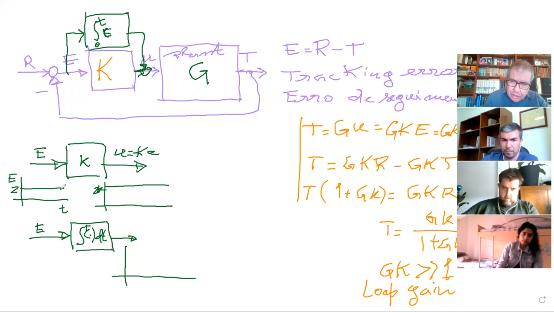The initial condition of the integral is 0. So what happens? It starts increasing from 0. So you start from here and starts increasing in which way? Like this?